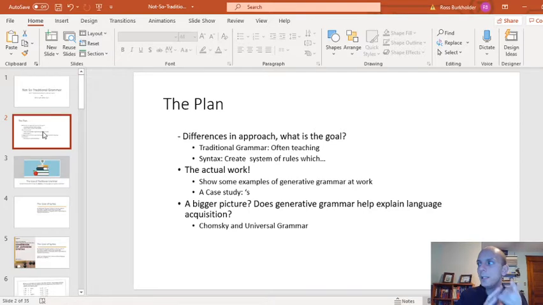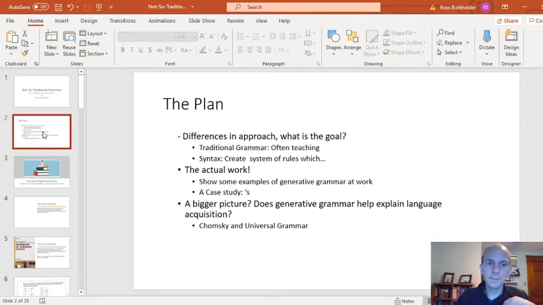But I am going to bring up what the actual work behind modern syntax looks like so you can compare it to what you guys have been doing. And then we're going to step back at the end of the class and ask questions about what bigger picture contributions things like traditional grammar and more specifically syntax have to offer the world, if we want to be nice and grandiose. So that's the plan for today.